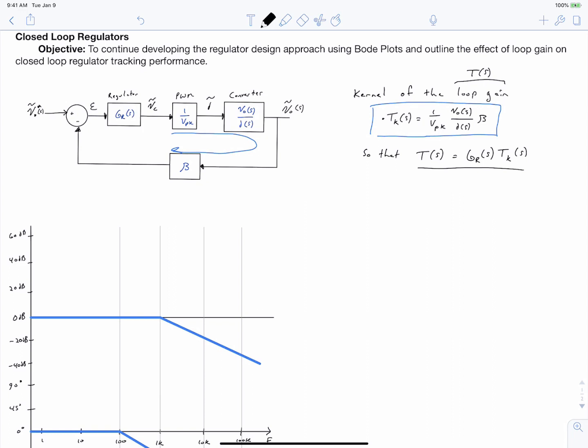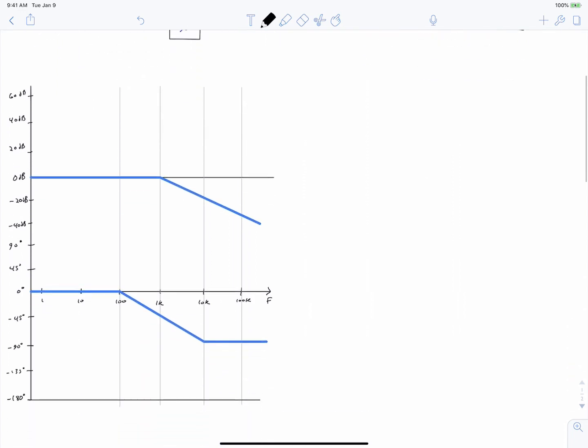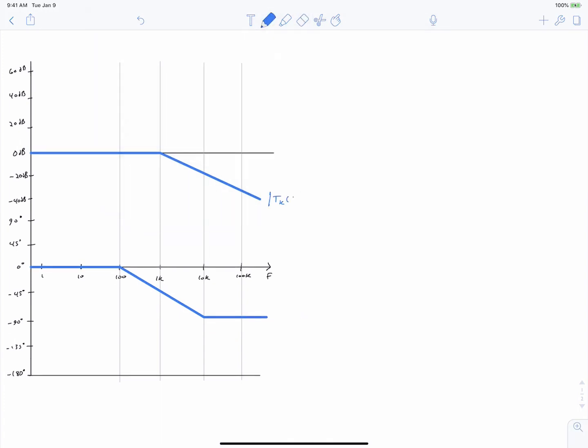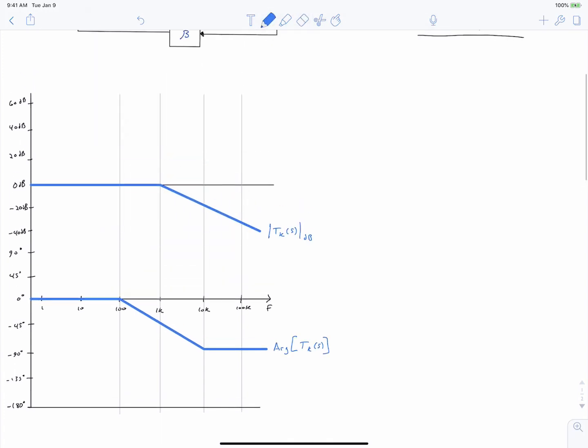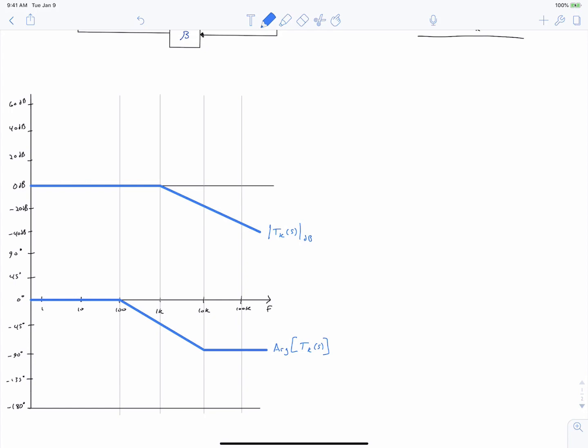If we go back to our Bode plot down below here, last time we plotted the kernel of the loop gain, and then last time we also considered the design of a regulator, and when we combine the regulator transfer function with the kernel of our loop gain, we end up getting the total loop gain transfer function.